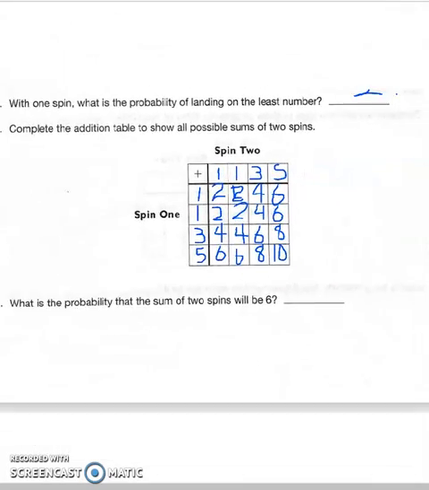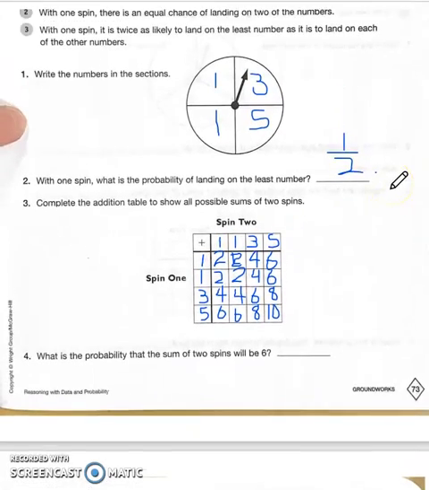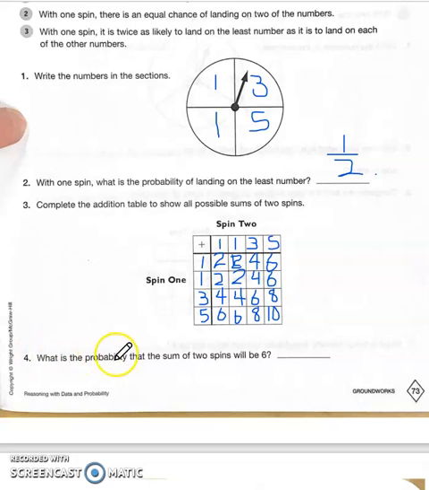So now, my last question on this page is, what is the probability that the sum of 2 spins will be 6? I have all of my outcomes in here. There's 4 options on spin 1, 4 options on spin 2, which means I have 16 potential outcomes. Because there are 16 total potential outcomes, that's my denominator, right?